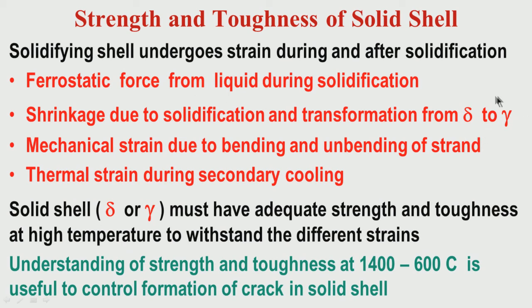The transformation from delta to gamma, it depends. This shrinkage from delta to gamma will be effective depending on when it is taking place, whether during solidification or after solidification. That is very important. Then mechanical strain due to bending and unbending, as I have told you, again depends on a certain location in the caster, that means at a certain depth in the caster, consequently at a certain temperature interval in the solid shell.